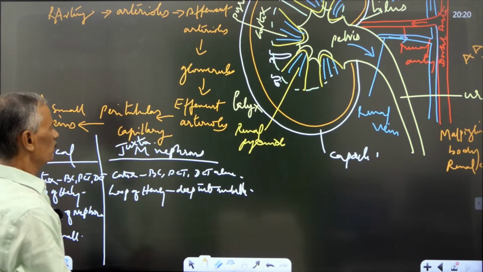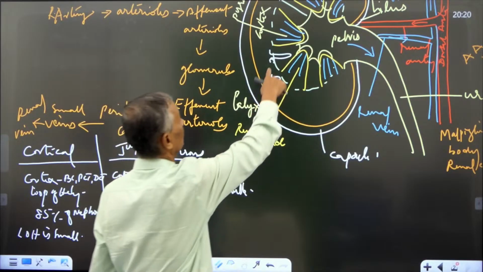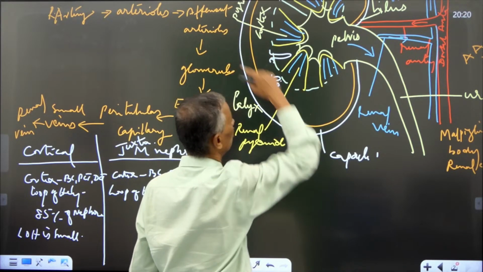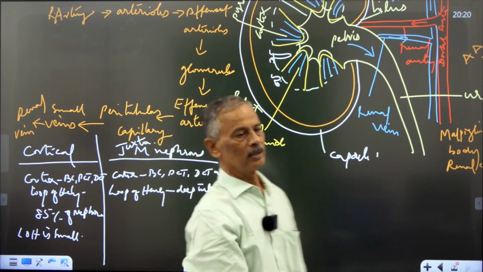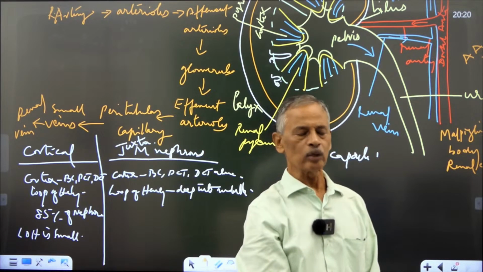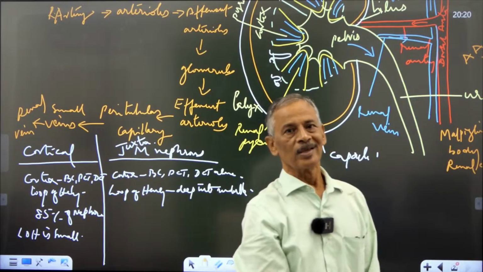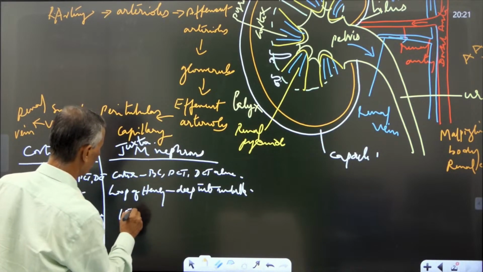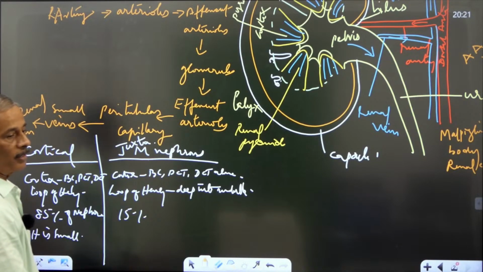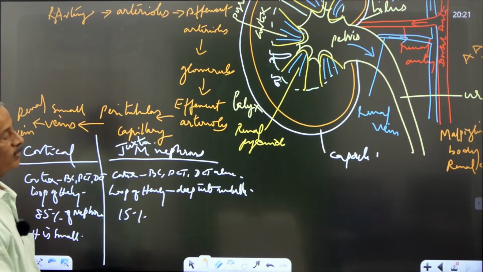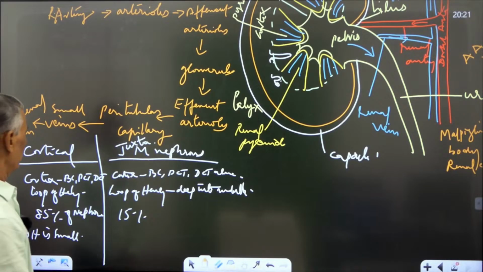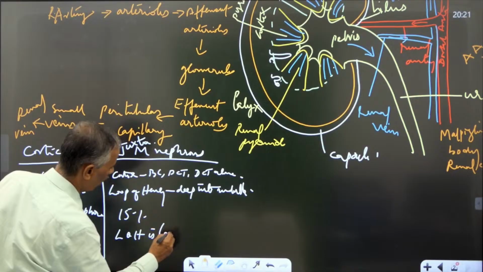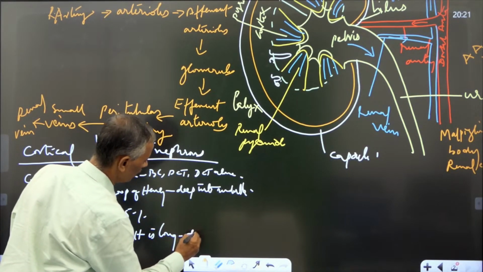Bowman's capsule, PCT, DCT are lying very close to the medulla. That's why it is called juxtamedullary, very close to the medulla. And here the nephrons are only 15%, very small in number, only 15% of our nephrons are of this category. Here, the loop of Henle is long and goes deep into the medulla.